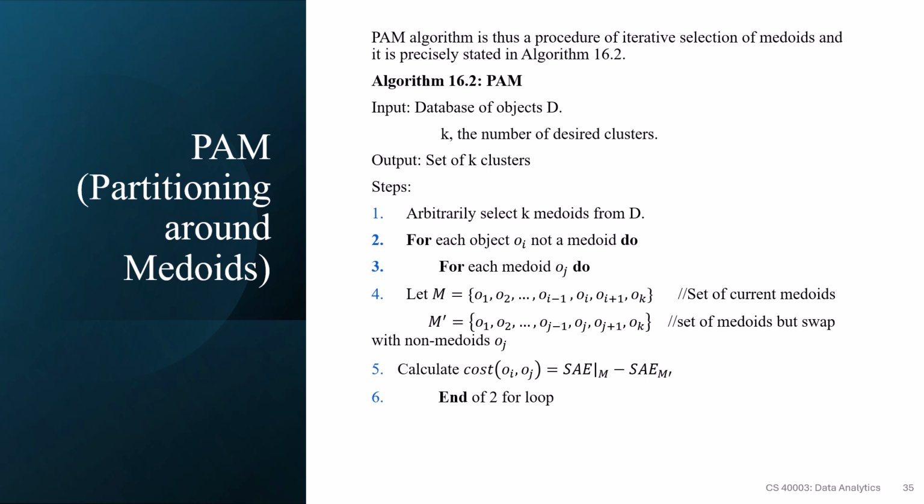For each medoid Oj, let M equal O1, O2 up to OK, the set of current medoids. M dash is the set of medoids after the swap. Then calculate the cost between Y and Oj, where the sum of absolute error is calculated. Then end the for loop.